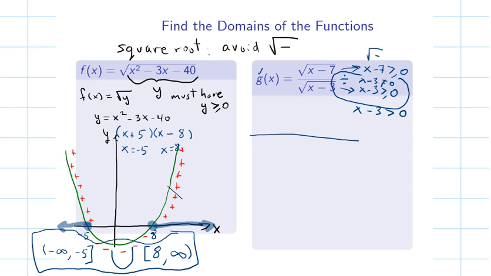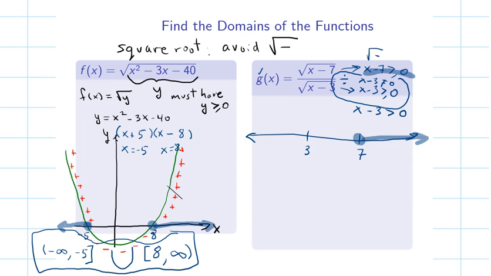And I'm just going to graph that on a number line. That's convenient. Here's 3 and here's 7. And this first condition, x minus 7 is greater than or equal to 0, means that 7 is okay, and every number to the right is okay.